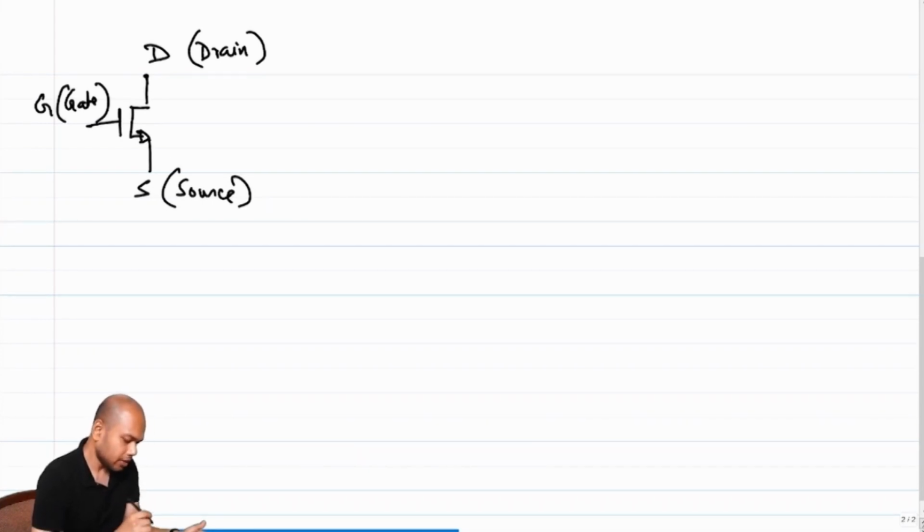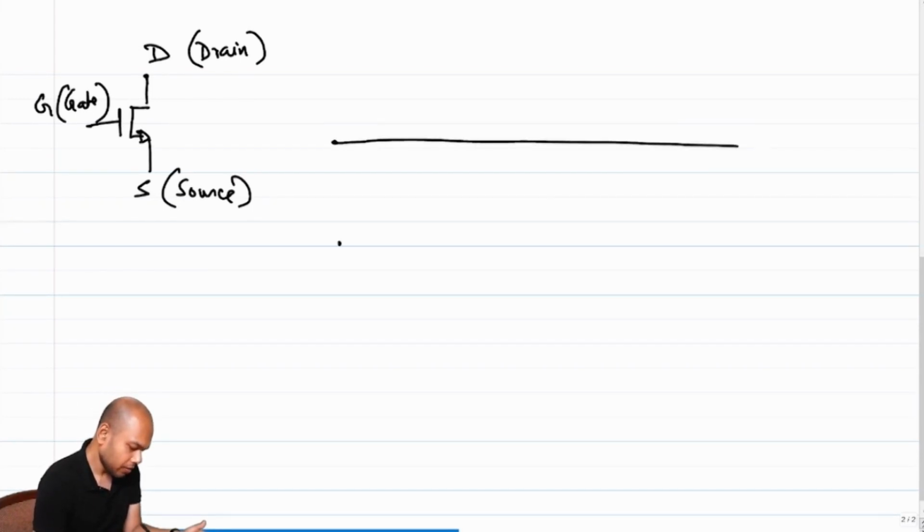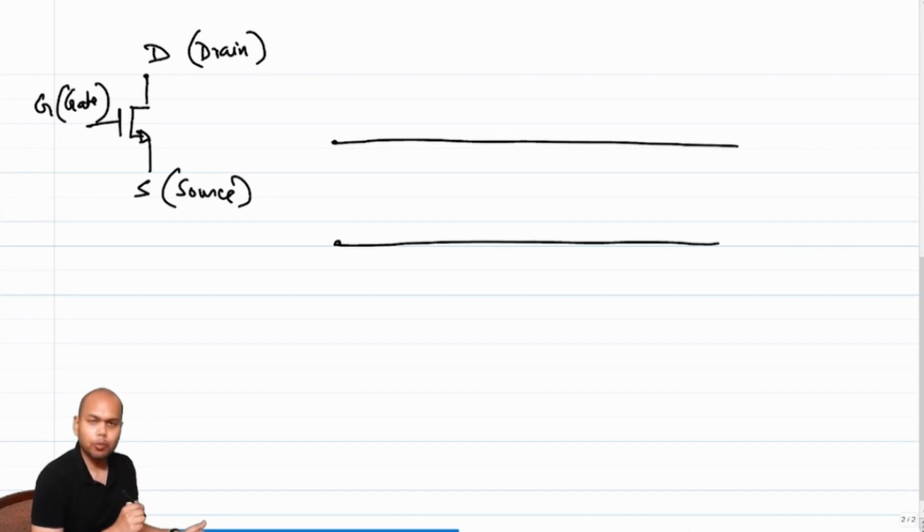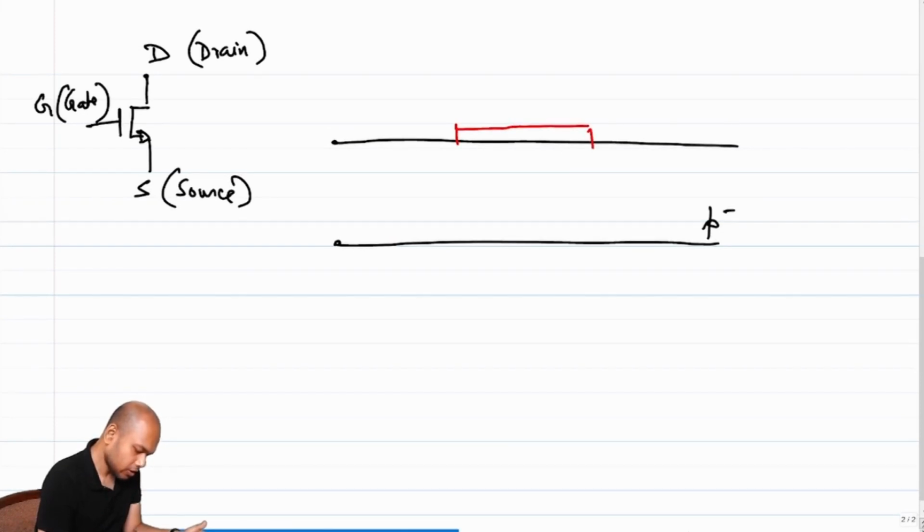Okay, so as it turns out, in semiconductors, everything starts from a wafer, which is doped with a p-type semiconductor. So we normally call it P minus, right? And on top of that, what we do? We deposit an oxide layer. Okay.